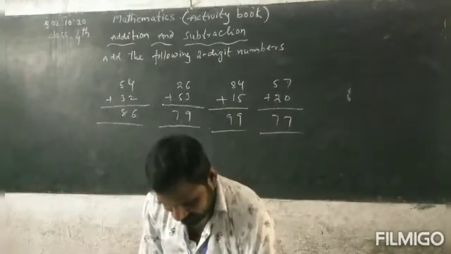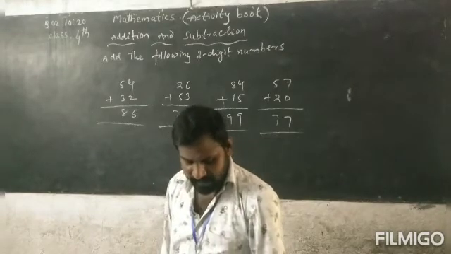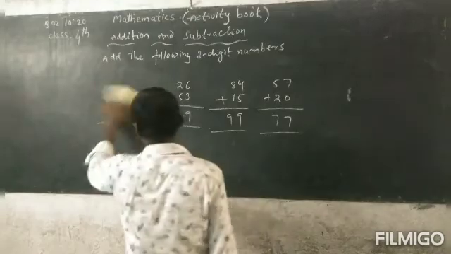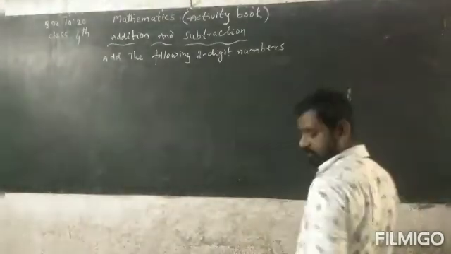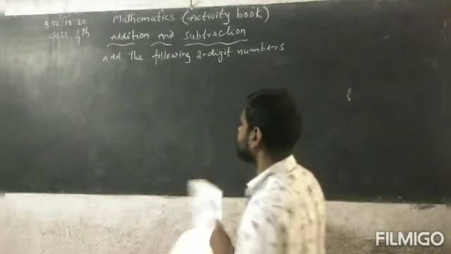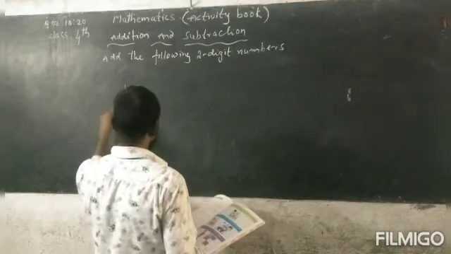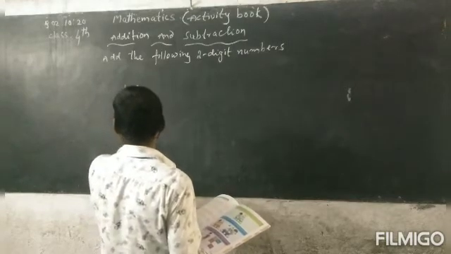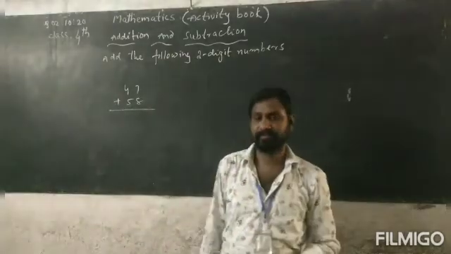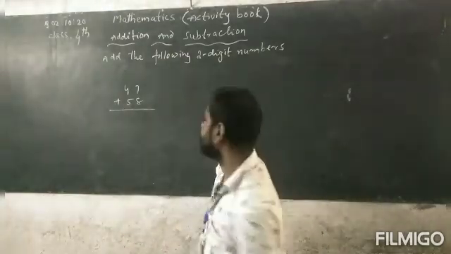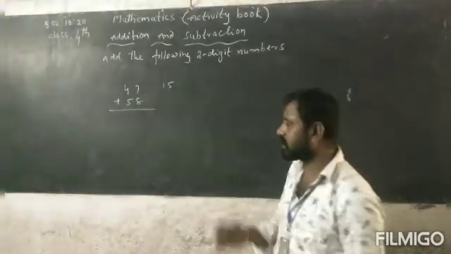See here, 47 plus 58. First we add the digits in ones place, that is 7 plus 8, 15.